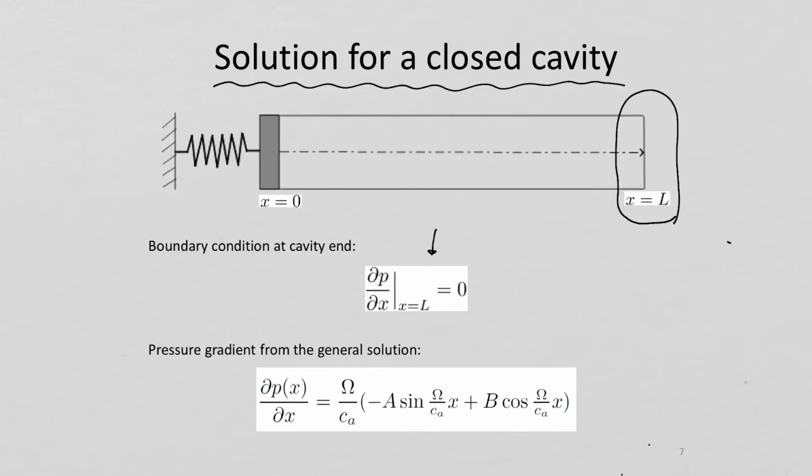Now, in order for us to be able to use that to define our two constants A and B, let's write up the general solution and then differentiate that, because we're going to use conditions on the gradient. So we need to create an expression for the gradient of our general solution. So here we have taken our general solution expression and differentiated with respect to x.